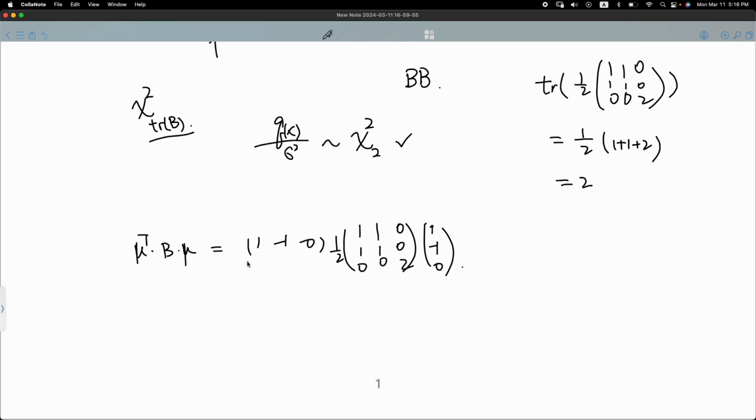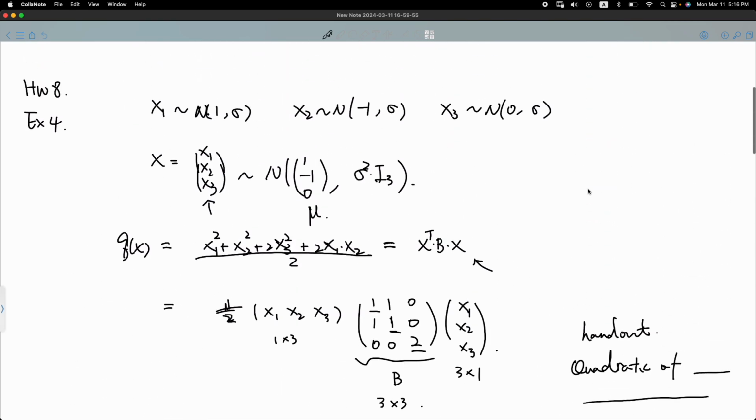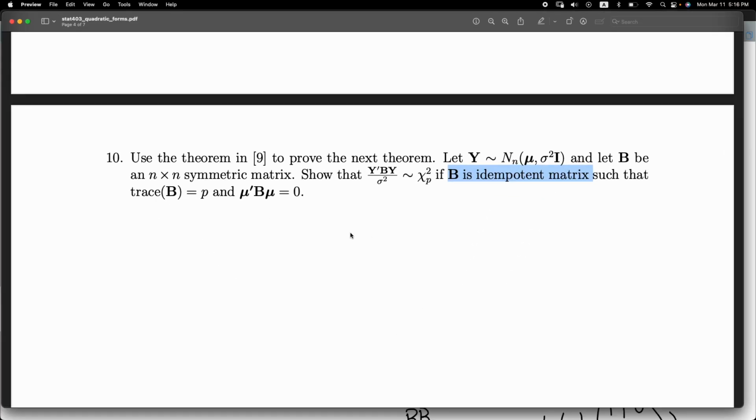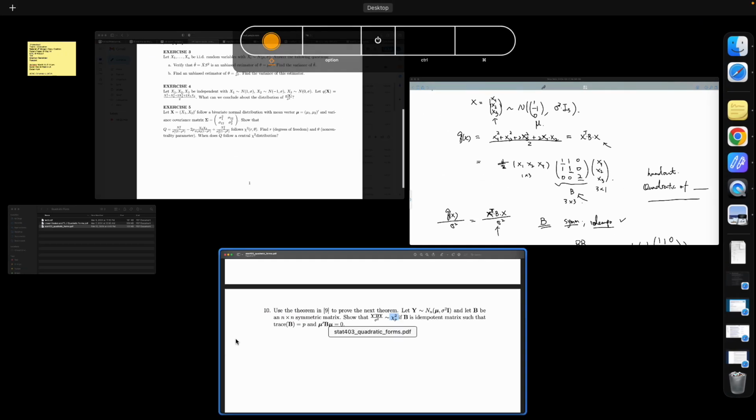But in our case, this is not a 0 vector, so you need to show that it's going to be 0. But the key is that you need to find out what you define as B, and then the matrix B, and then verify these, and then you can just apply the theorem here.